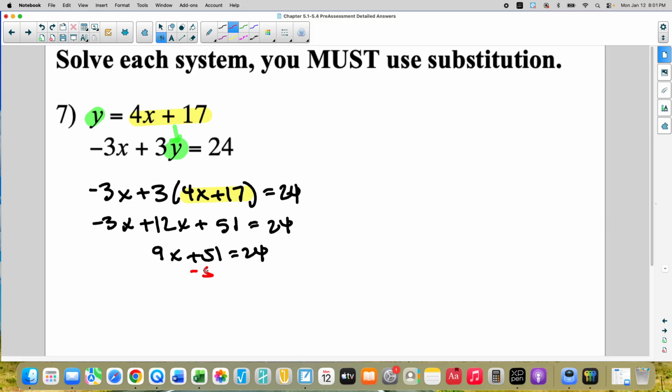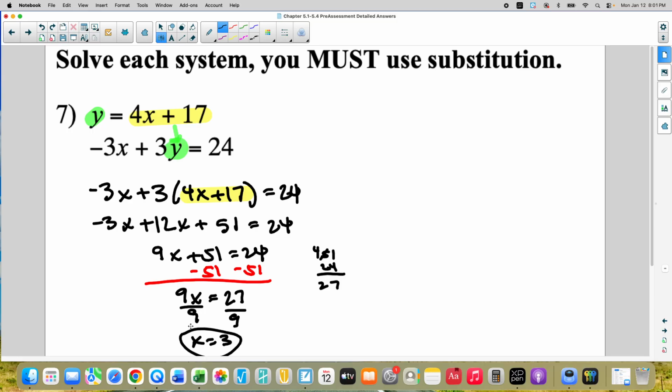We'll move the constant, giving me 9x equals. These signs are different. I'll take the smaller from the larger, 24 from 51. That gives me 27. We'll divide by 9, and x equals 3.